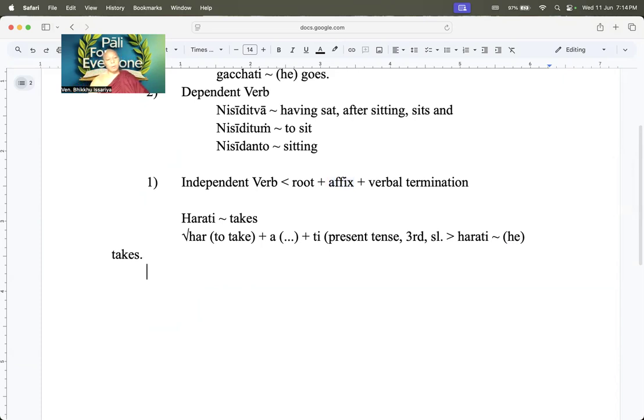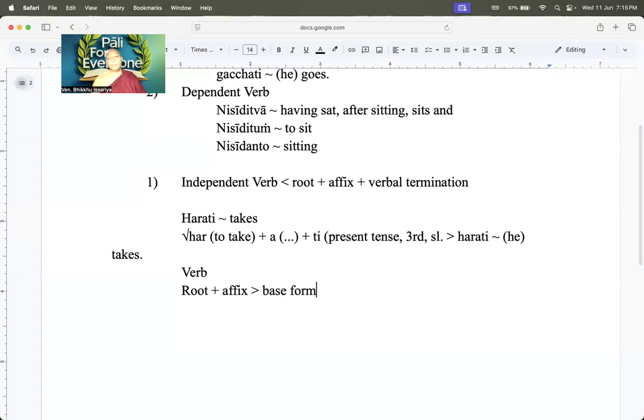So the root, and then to the root, if we add the affix, at that time the term is base form.